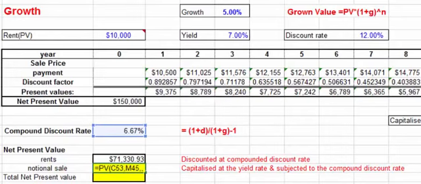Now we're looking for the future value, and the future value is going to be, again, the initial capitalized value, because we're going to be using the compound discount rate, so we're going to be growing it and then discounting it, all using this compound amount. So the end value is actually the starting value, again, because the compound discount rate does the growth and discounting all in one step.